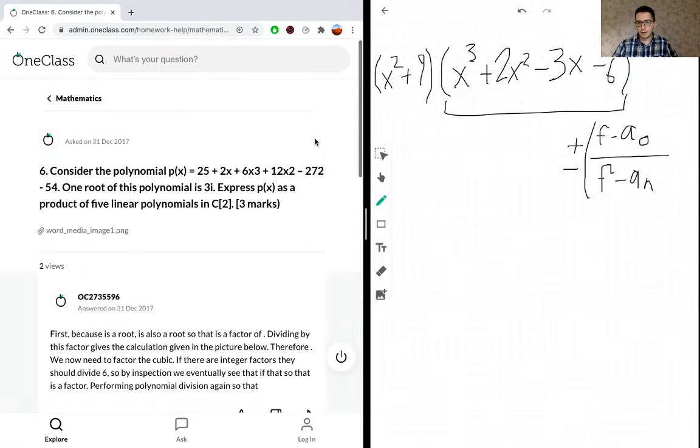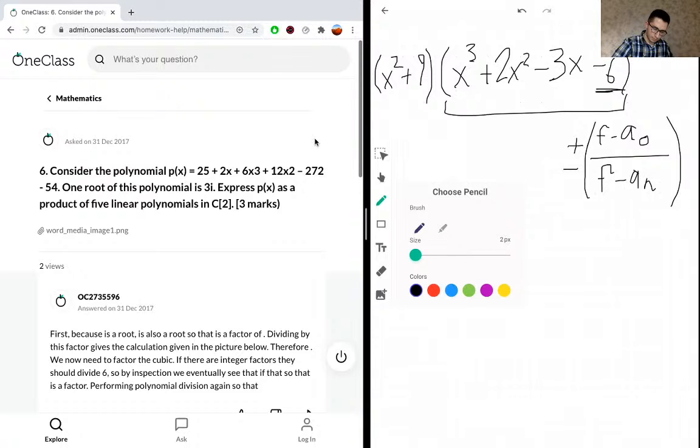So a naught just represents the final term over here. So a naught just represents -6. An represents the coefficient with the highest power, so 1 here. And we look at what kind of numbers we get from this.